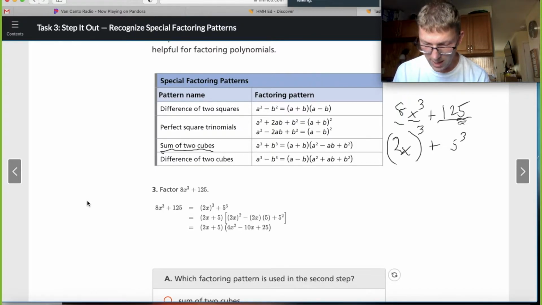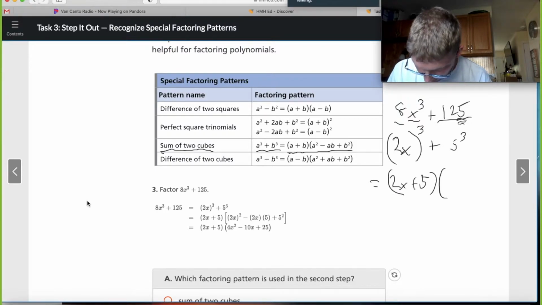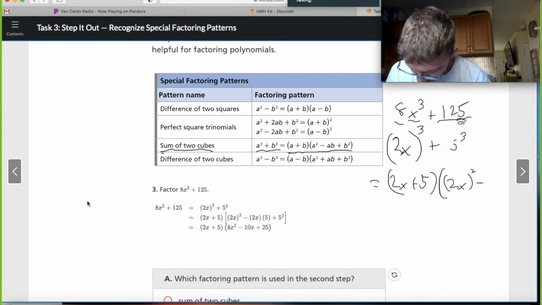So now we have a cubed plus b cubed. So now that's going to all equal, and I'm just following this formula right here: a plus b, so 2x plus 5, times a squared, 2x squared, minus ab, 2x times 5, plus b squared, 5 squared.